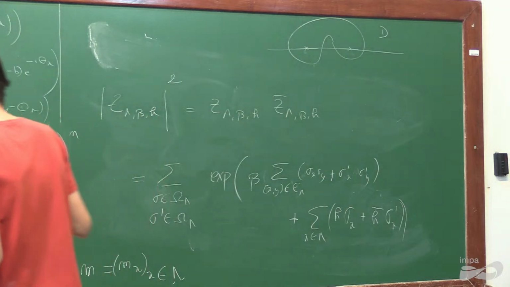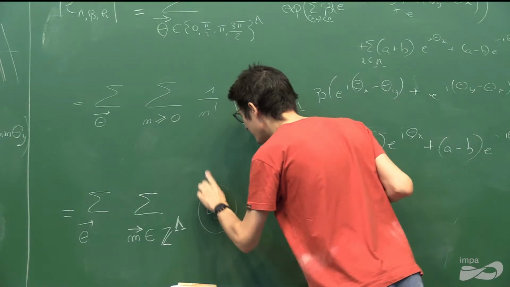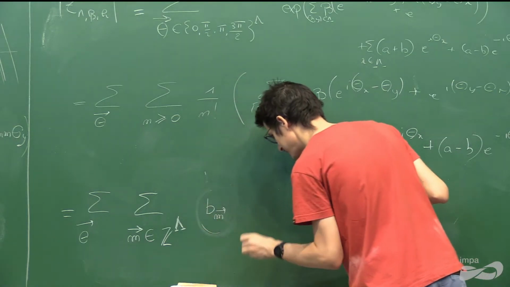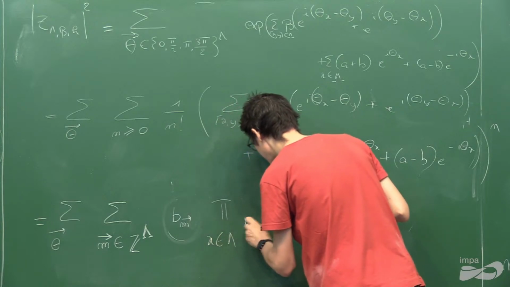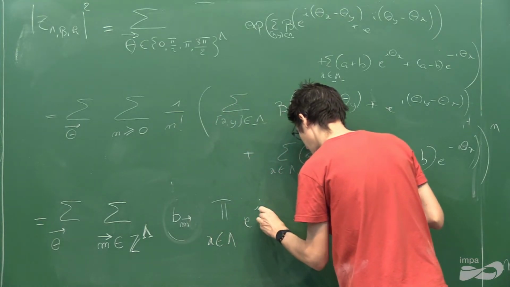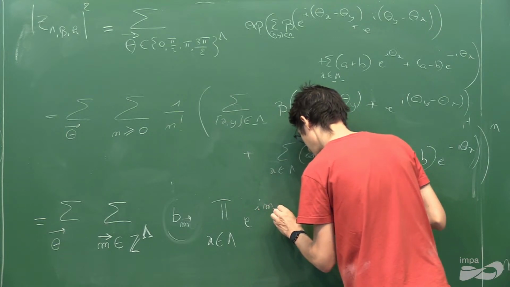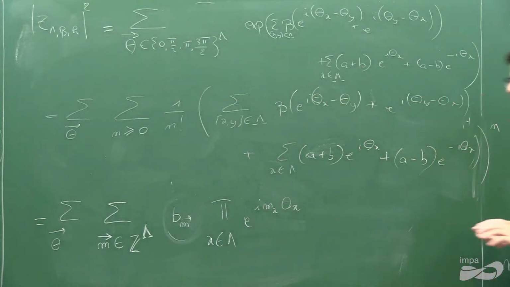So I get here some coefficient b_m, and I know a few things about b_m. And then I get the product over x in Λ of exponential i m_x θ_x.